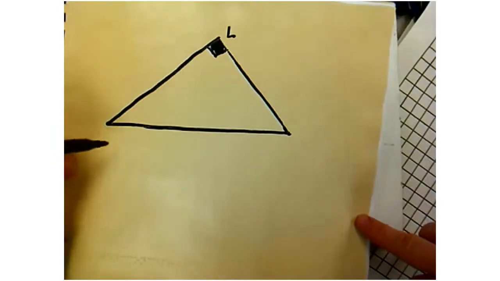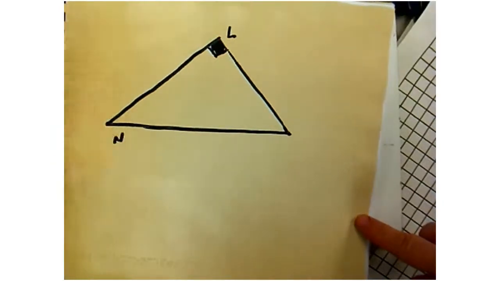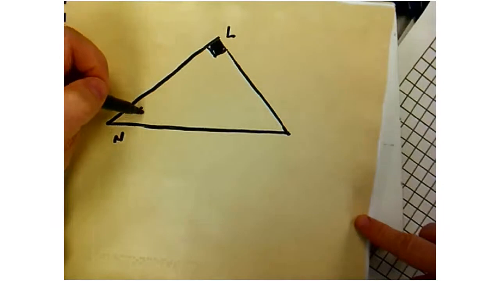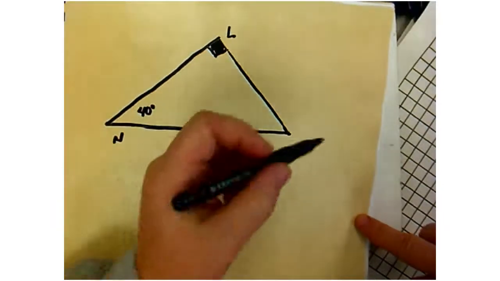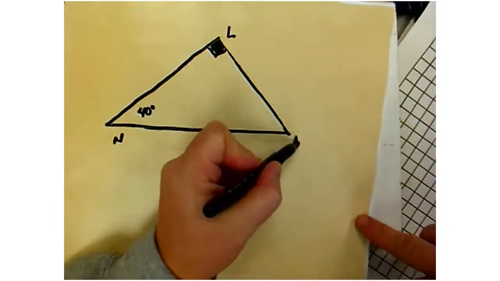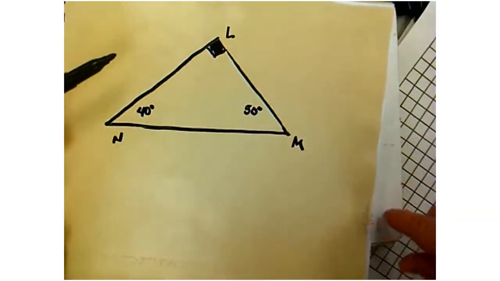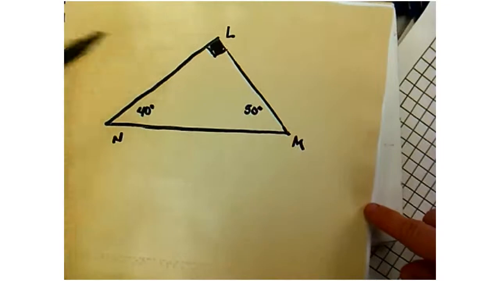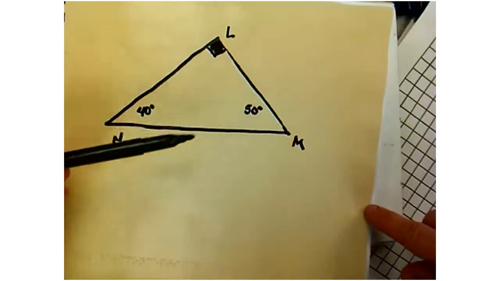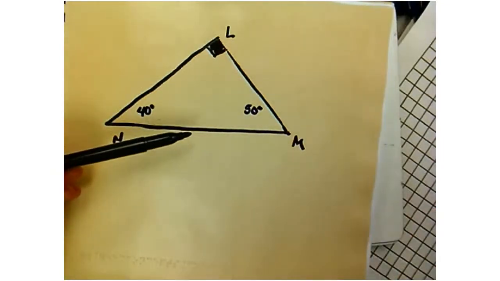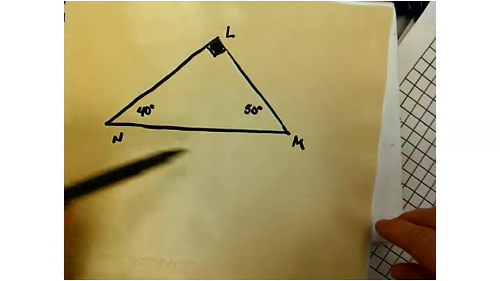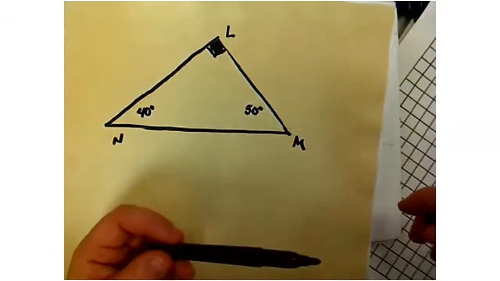The bottom right is vertex N, which is 40 degrees. The bottom left is vertex M, which is 50 degrees. Notice there are no tick marks on any of the sides, so they're scalene. I also want you to notice something else.